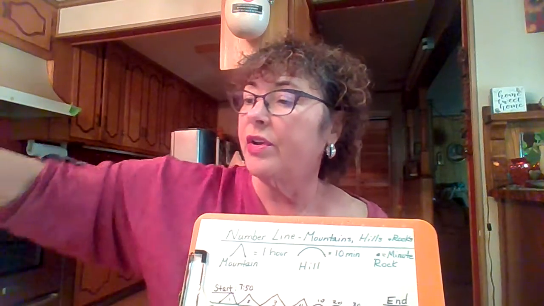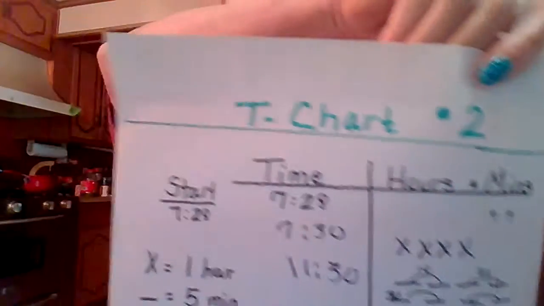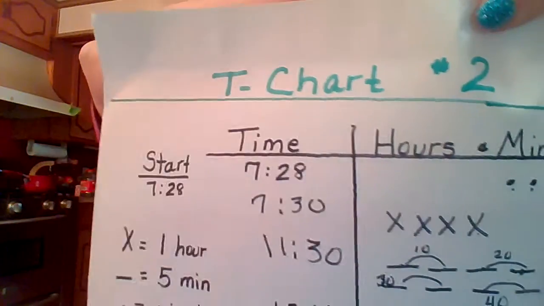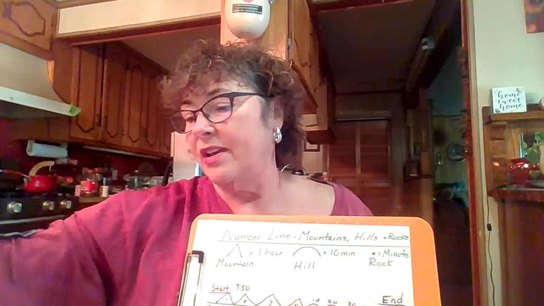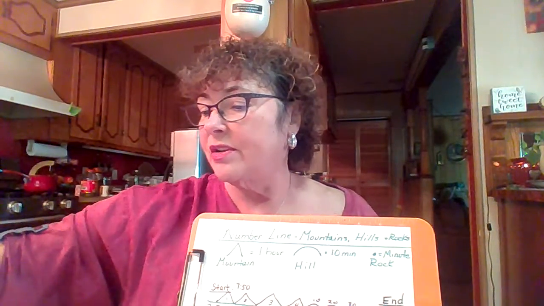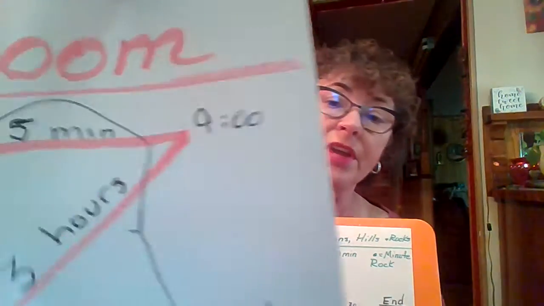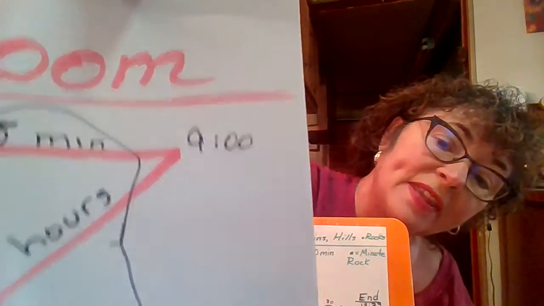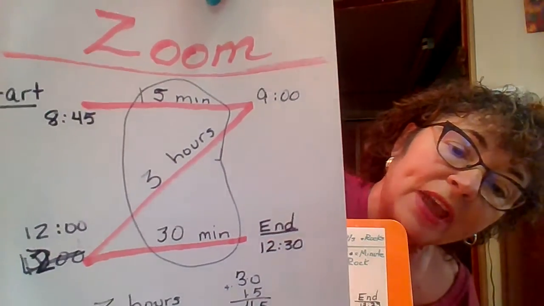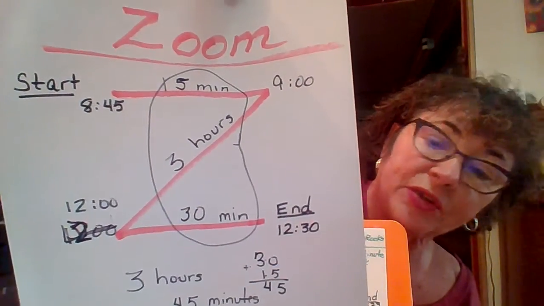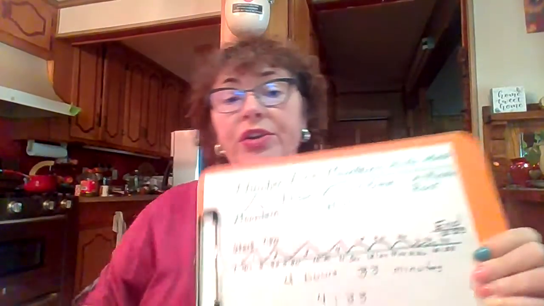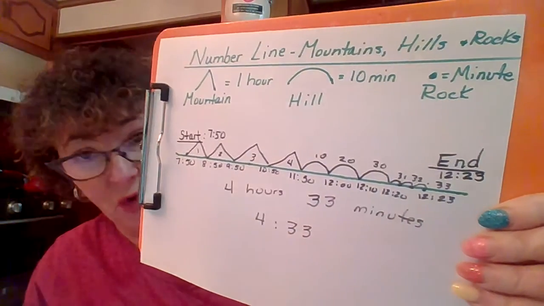You can do T-chart number 2 with the X's and dashes and dots. You can use the zoom method, or you can do the mountains, hills, and rocks.